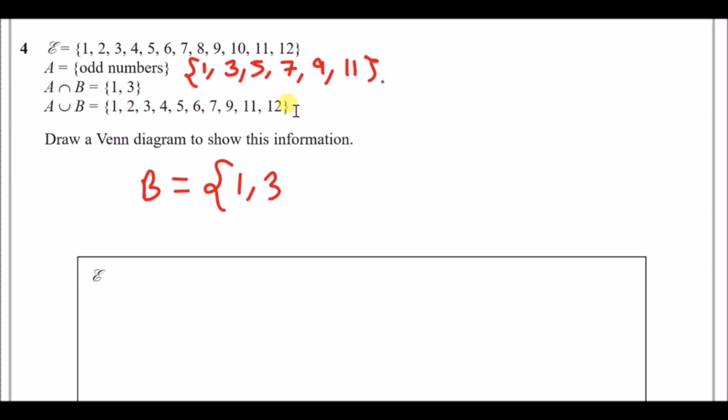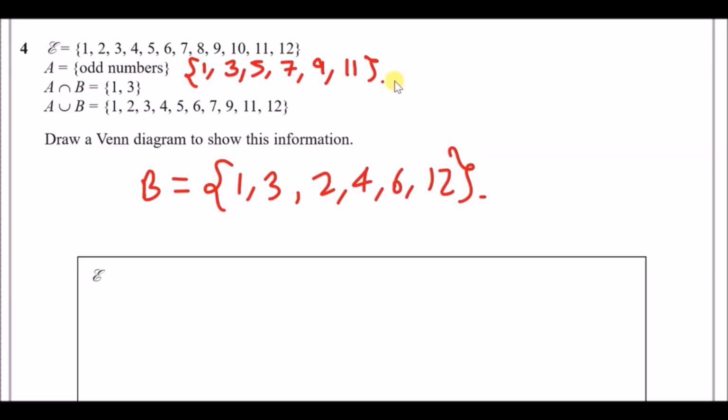So what you can do is look at all the other numbers that don't exist in A but are united with A and B. We can see that A has odd numbers, but B has 2, 4, 6, and 12. So that's all the possible options we have in B.